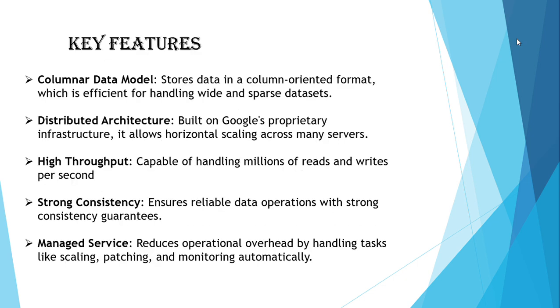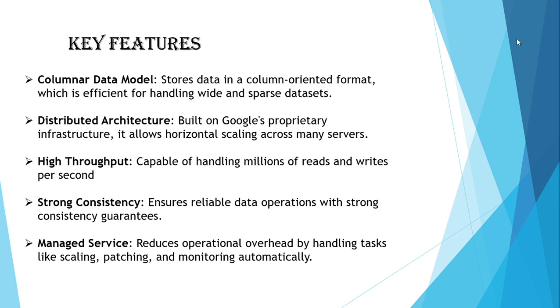What are the key features? Columnar data model. Stores data in a column oriented format which is efficient for handling wide and sparse datasets. Distributed architecture. Built on Google's proprietary infrastructure, it allows horizontal scaling across many servers.